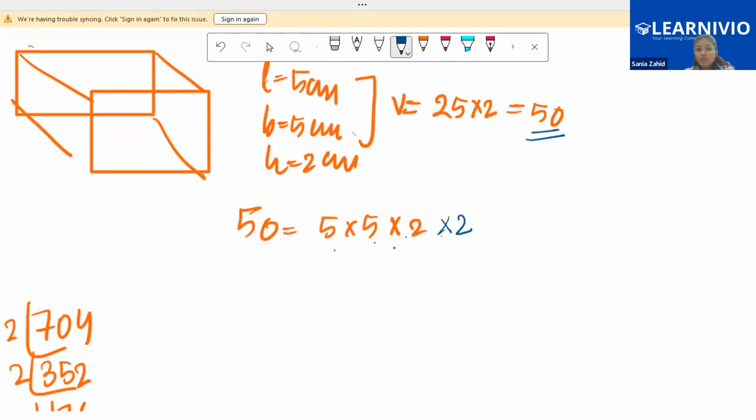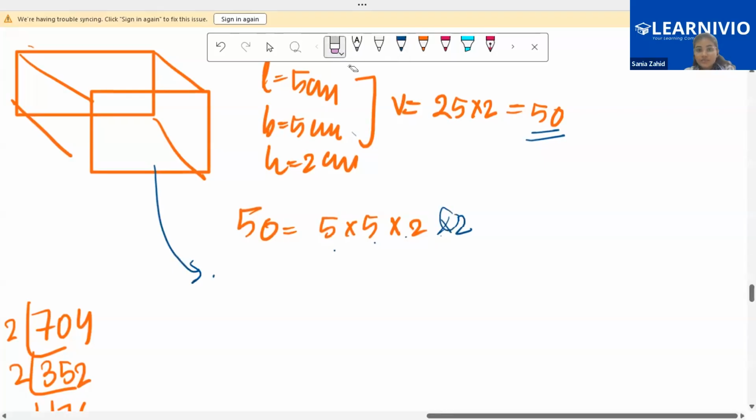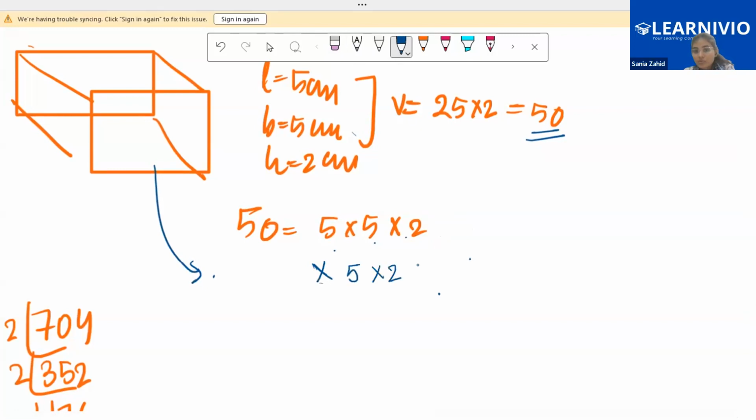So if I want this to be a cube, this was the original thing, so I will multiply it with 1 more 5, 1 more 2.